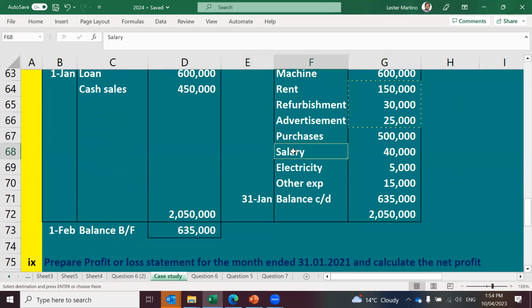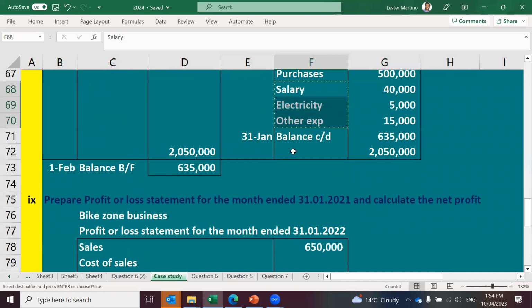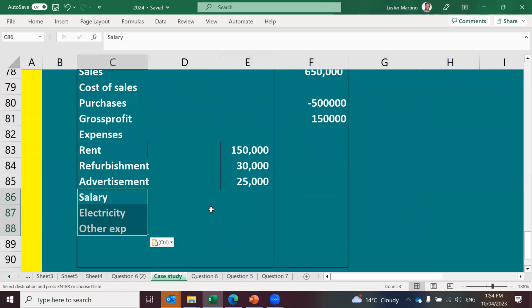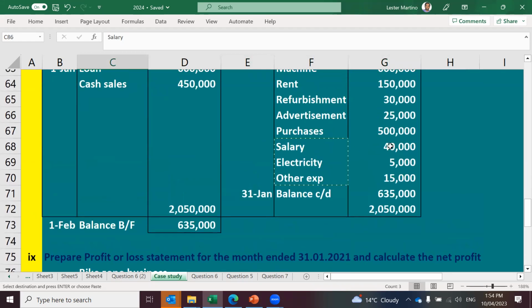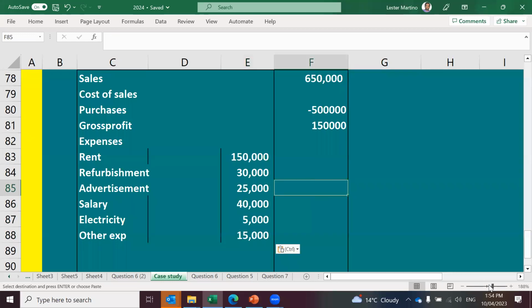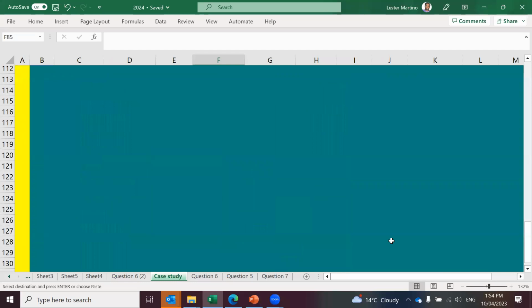All the expenses, okay? And mind you, you need to add the depreciation as well. Just copy this down, sorry.